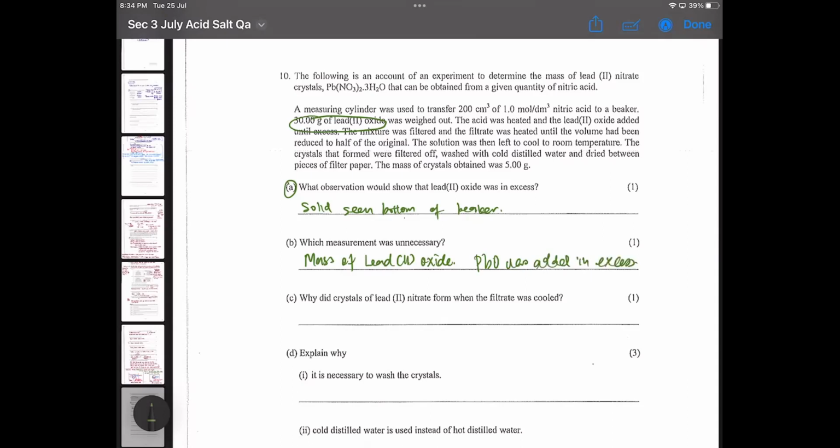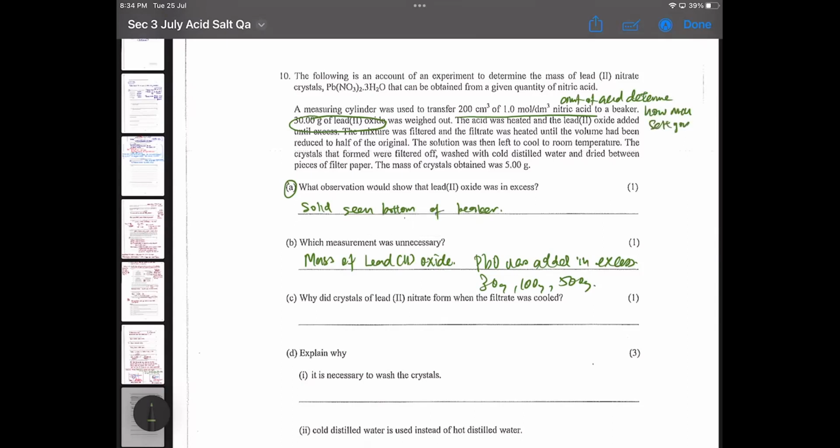So whether it is 30 grams, 100 grams, or 500 grams, it's not important because it's already in excess. What determines the amount of salt you produce is the amount of acid. So the amount of acid decides how much salt you get.